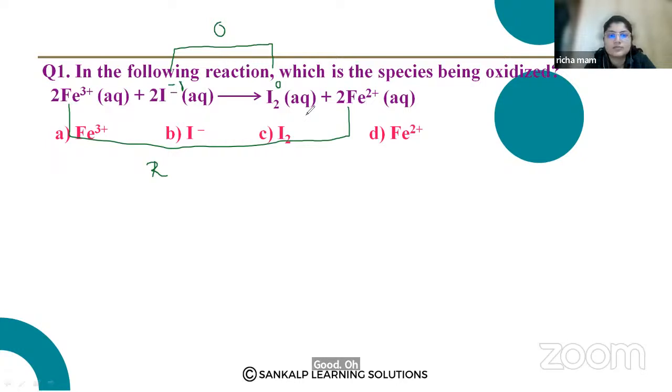Yes, others, what is the answer? Which is undergoing oxidation, which is undergoing reduction?